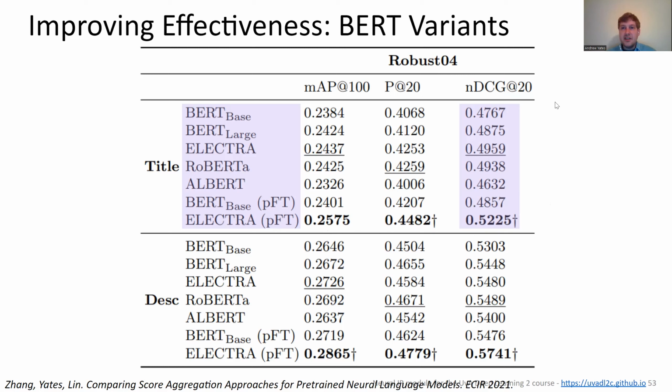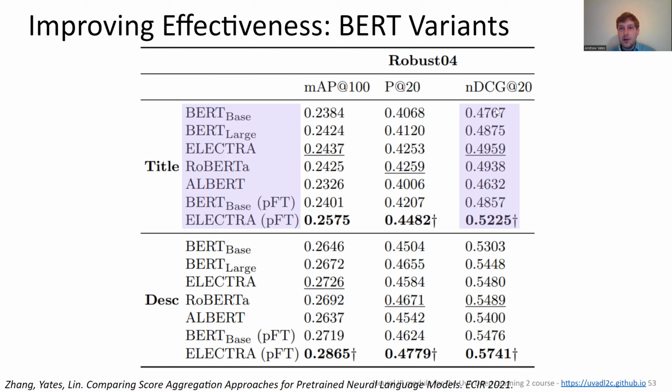So looking at NDCG at 20, we see that BERT base with pre-training and the supervision task and pre-fine-tuning on the MS MARCO collection is about 0.49, whereas Electra is about 0.52. Now, if we eliminate that pre-fine-tuning, so we go up here, this means BERT is pre-trained as normal, and then it's fine-tuned directly on Robust04 without this intermediate fine-tuning step on a larger data set.